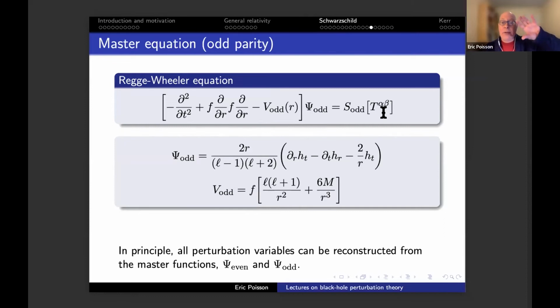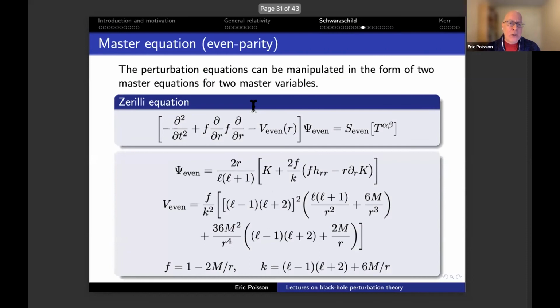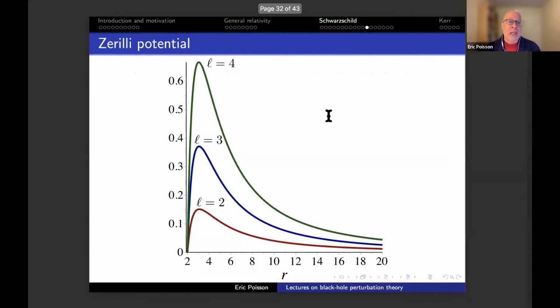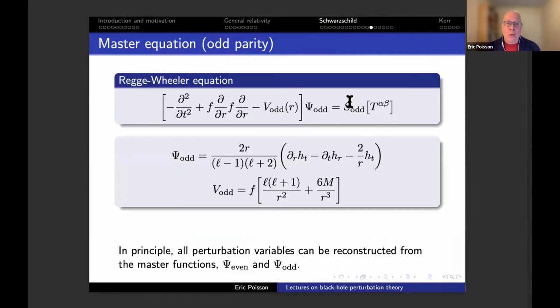So you have this very efficient packaging of the even parity and odd parity sectors of the perturbation. Those two equations are very famous. One is Regge-Wheeler, this one. The previous one was the Zerilli equation. Those equations occur all over the place in the literature on black hole perturbation theory. That tends to be the starting point of practical computations, especially when the goal is to calculate gravitational waves. I'll come to that connection in just a moment.